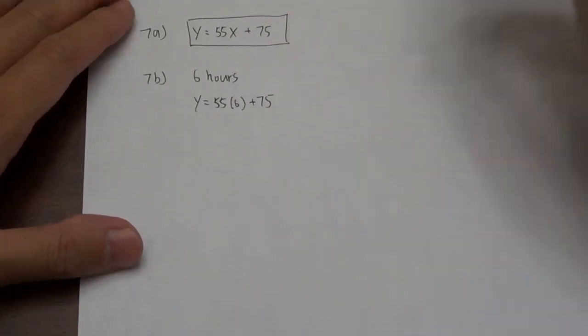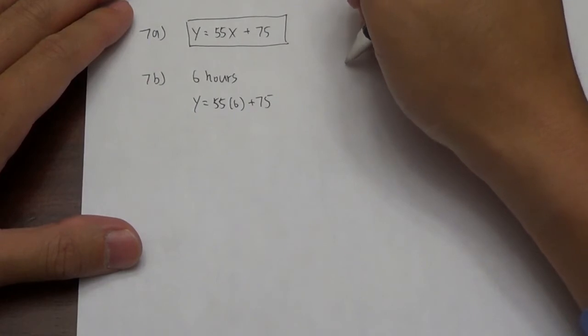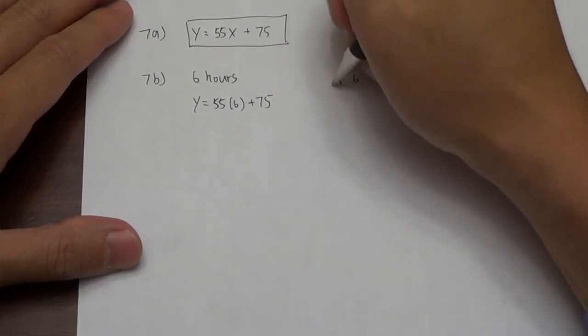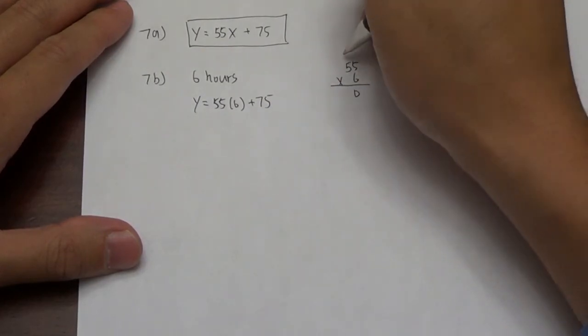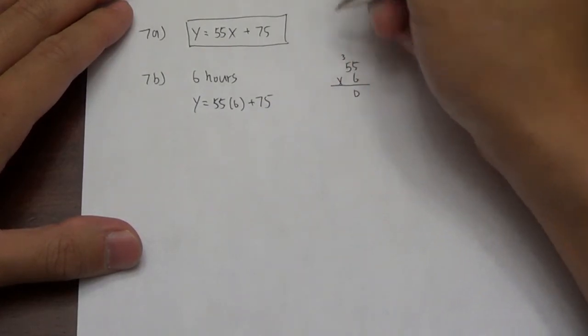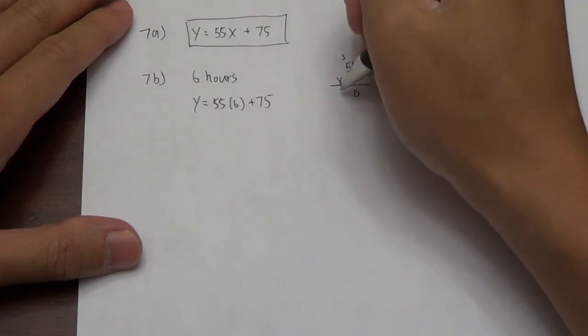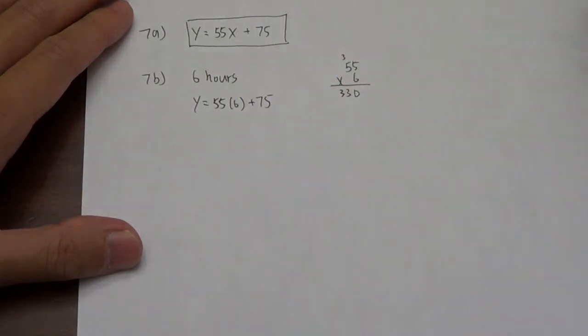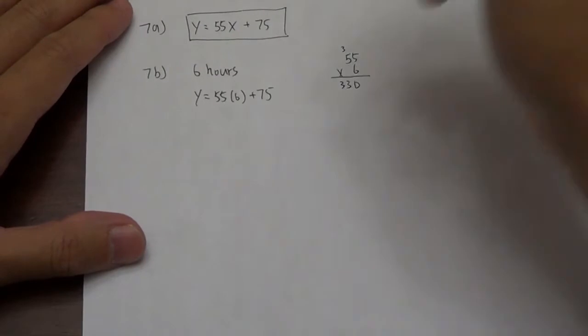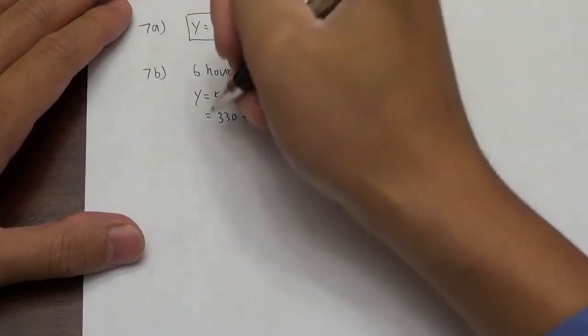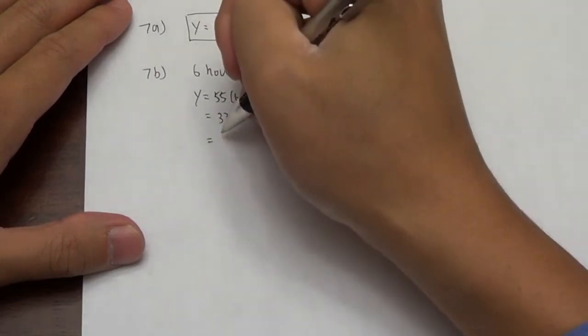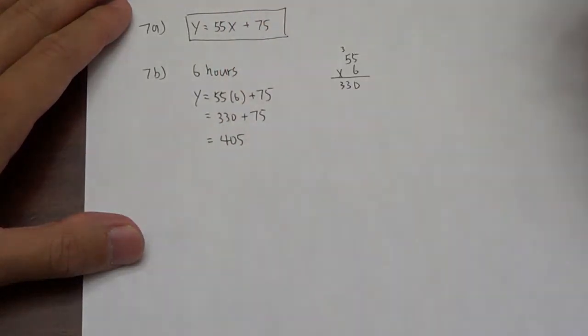I'm sure for most you probably need to work this out. 6 times 5 gives me 30, but then I need to add the 3, so I end up with 330. So that equals 330 plus 75, and that will equal 405.